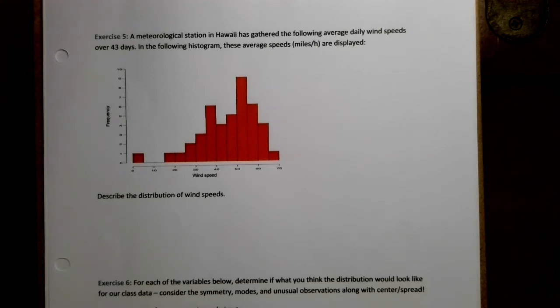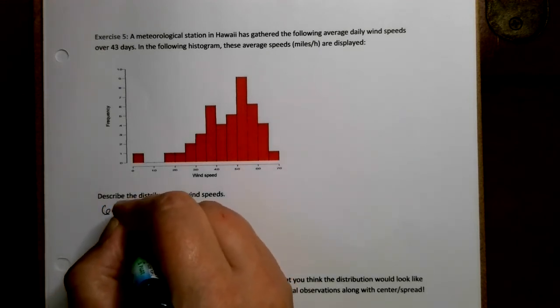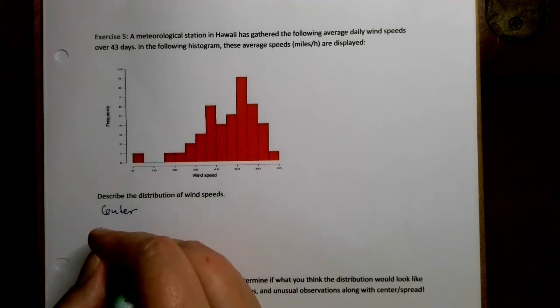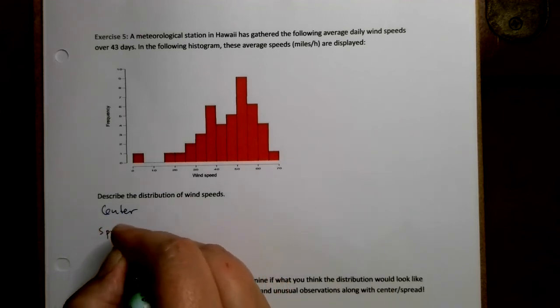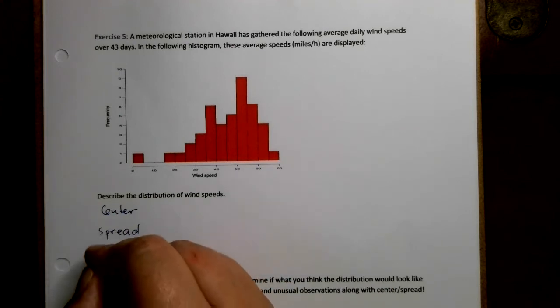So remember that when describing the shape of the distribution, you're going to focus on three aspects. You're going to describe the center of the distribution, you're going to focus on the spread of the distribution, and then the shape.